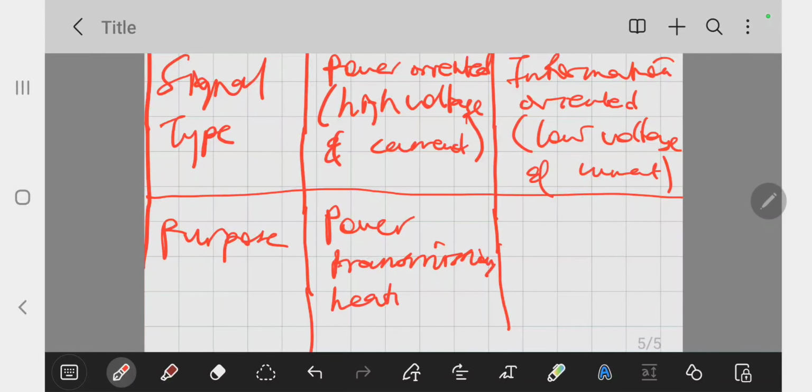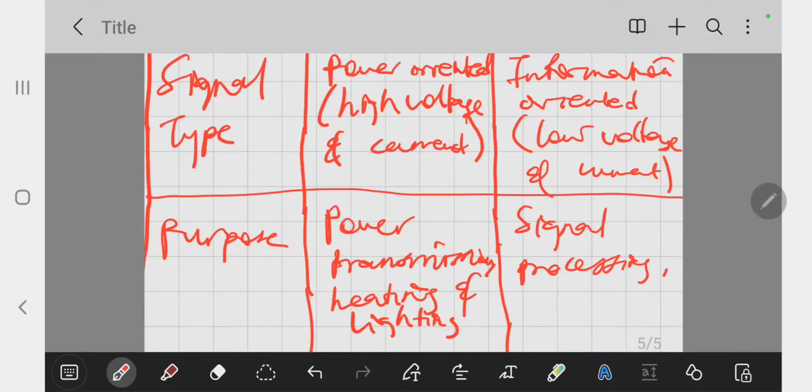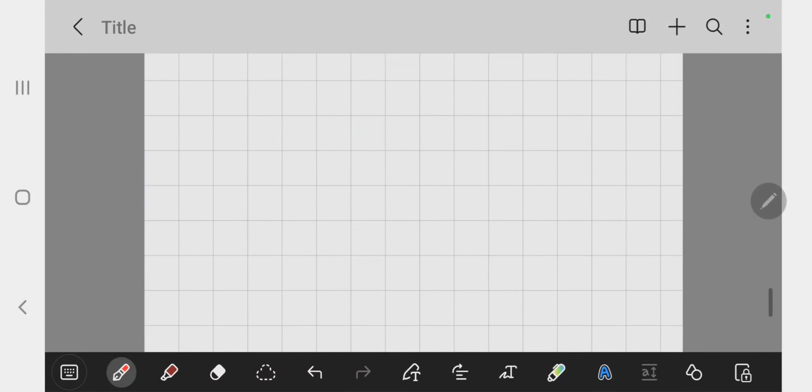Alternatively, for heating and lighting as well. Then electronic circuits are mainly for signal processing, control and communication. This is why we design electronic circuits.